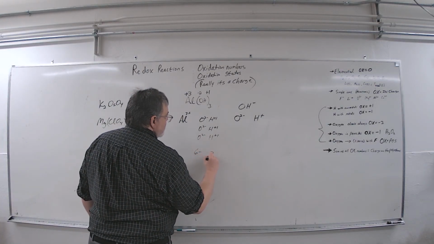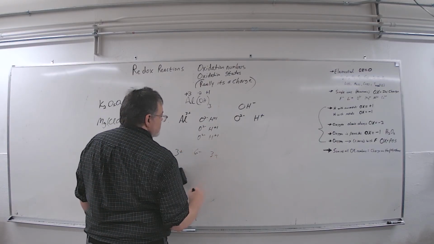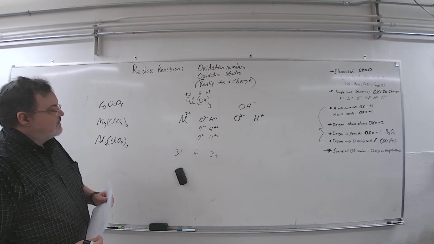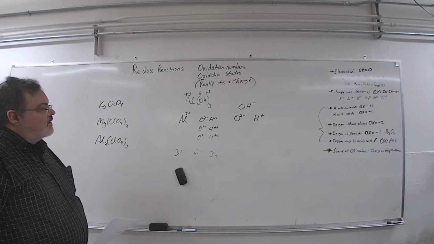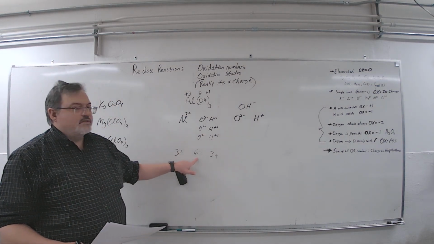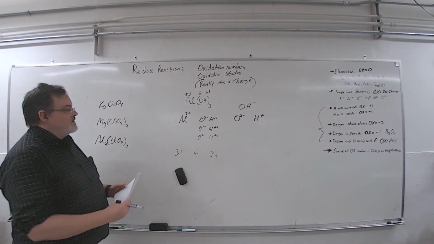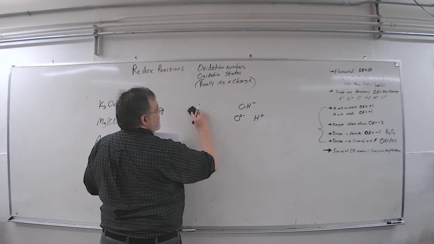Six minus, 3 minus, 3 plus, 2 plus. Yeah, that's right. Plus 6, minus 6. They do add up to 0. Double checking never hurts, especially when you're me.